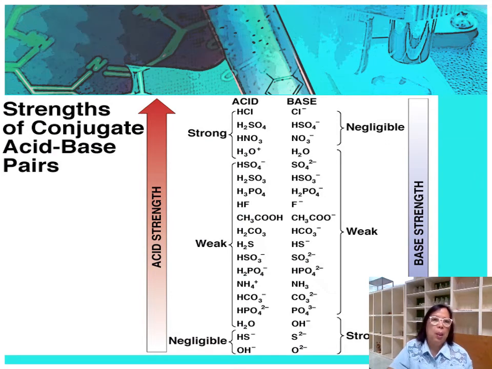Okay. Here is also the strength that will show you the acid-base pairs. So this is, of course, as you go up, it is more acidic. As you go down, it is more basic.